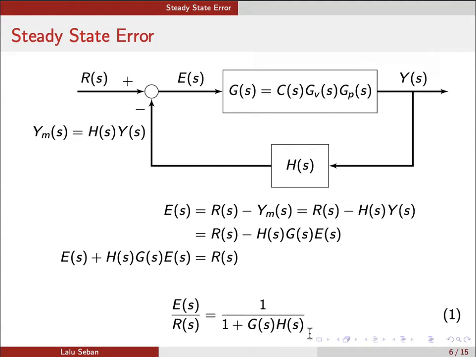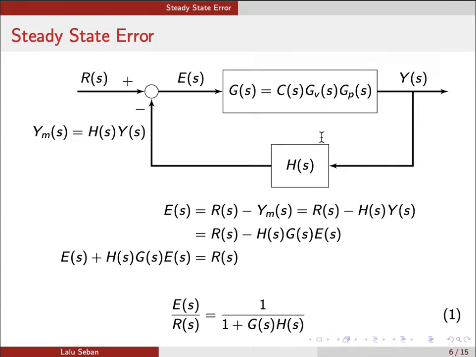This is a very general case, and this relation E(s) to R(s) gives the transfer function for a non-unity feedback system. Okay, H(s) is not unity.